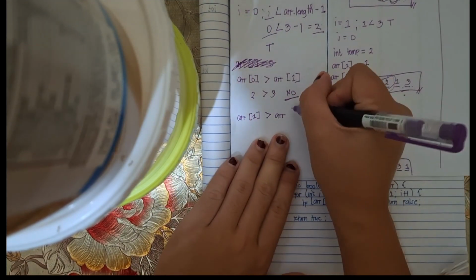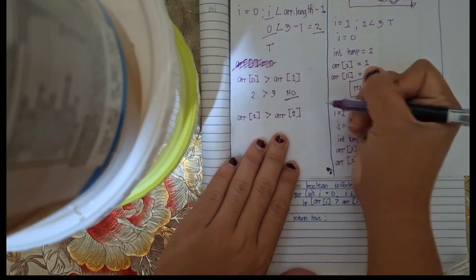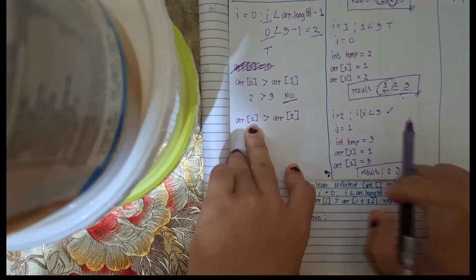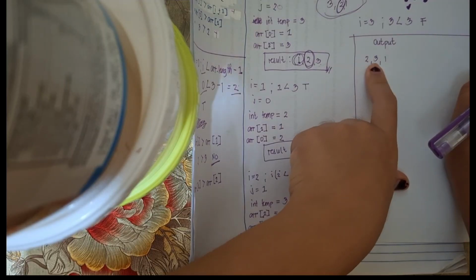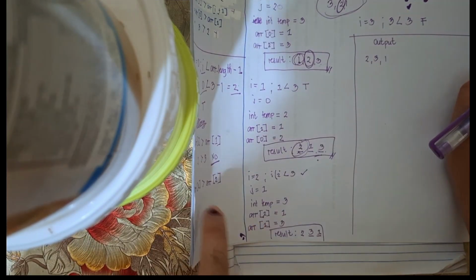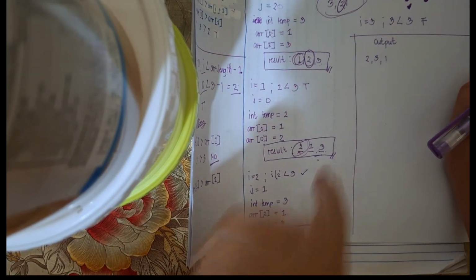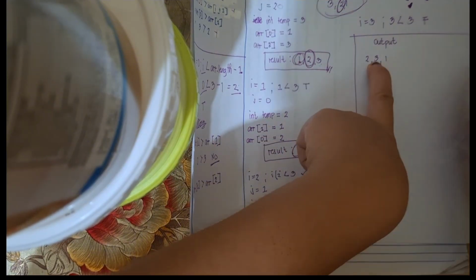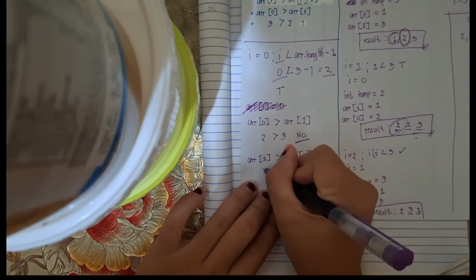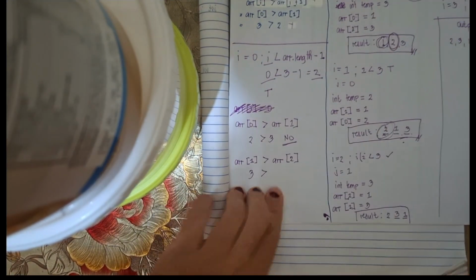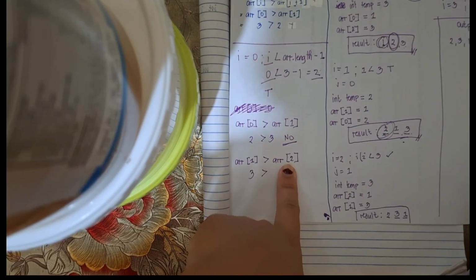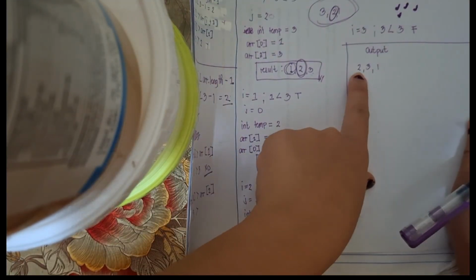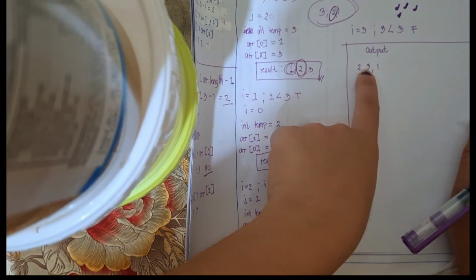So, magiging 2. So, atong array 1 diri sa output, ang value sa index 1 is ang 3. So, 3 is greater than index 2 value niya, so 0, 1, 2.